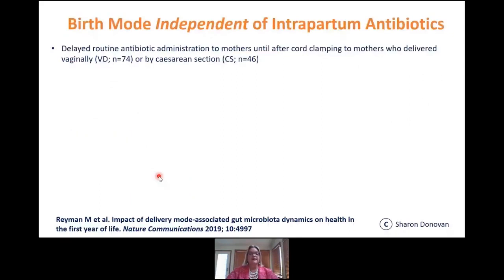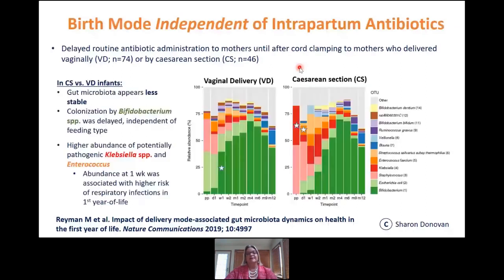This was a recent study in Nature Communications out of the Netherlands, and again it was a simple but elegant study in which they simply delayed the routine antibiotic administration until after cord clamping. They compared vaginal and cesarean infants, so they were able to uncouple vaginal or cesarean delivery from antibiotic exposure.